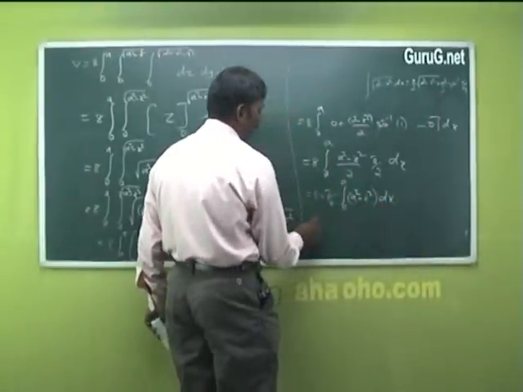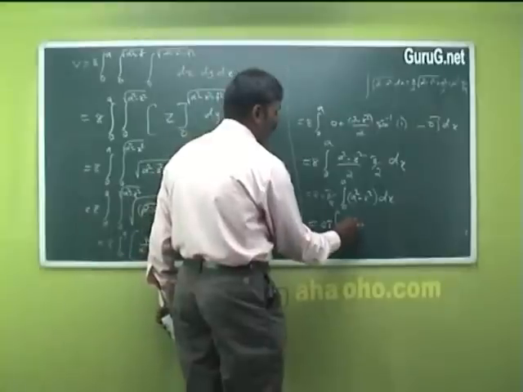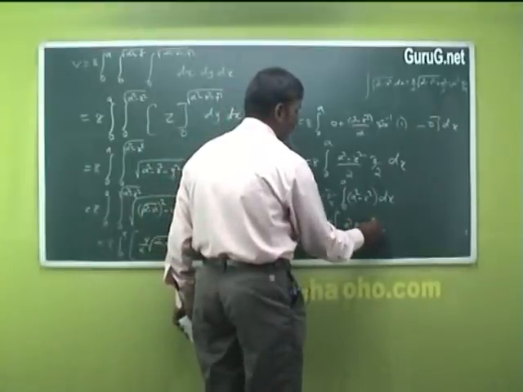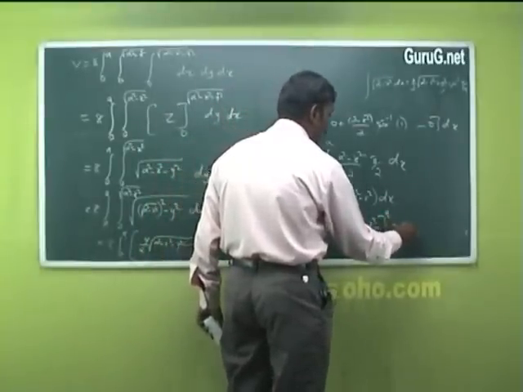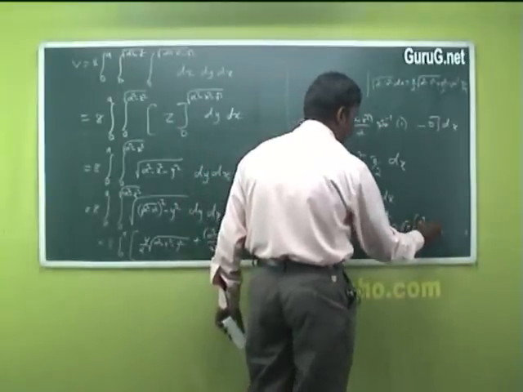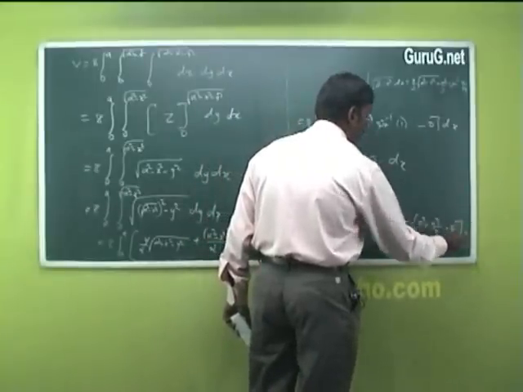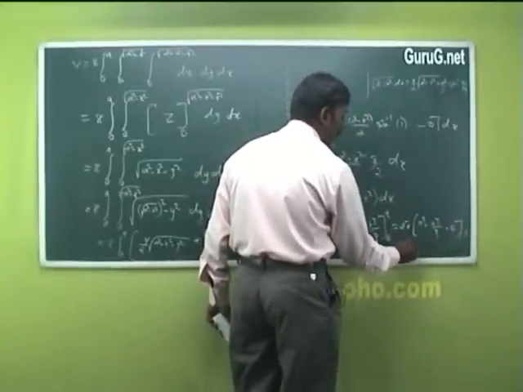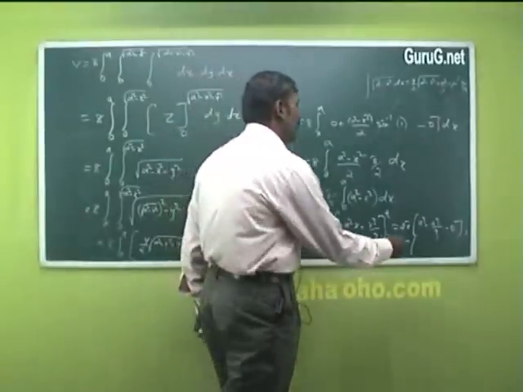Now integrate it: 2 pi times a square x minus x cubed by 3, 0 to a. Substituting the limit, a cube minus a cube by 3, and the lower limit 0 gives 0. So 2 pi into 3a cube minus a cube, which is 2a cube by 3.